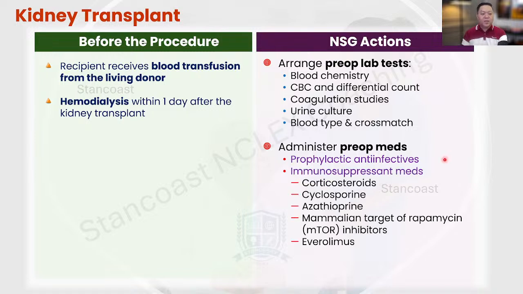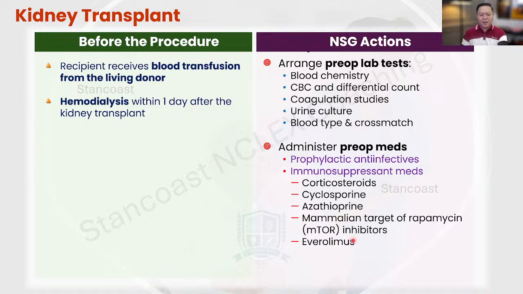And so the next classification here are the immunosuppressant medications. So listed here are your corticosteroids, cyclosporin, azathioprine. We also have the mTOR or the mammalian target of rapamycin, mTOR inhibitors, and the everolimus.